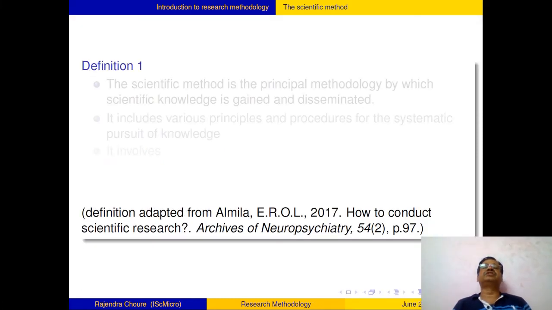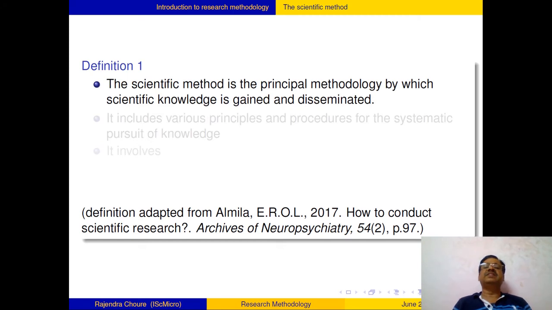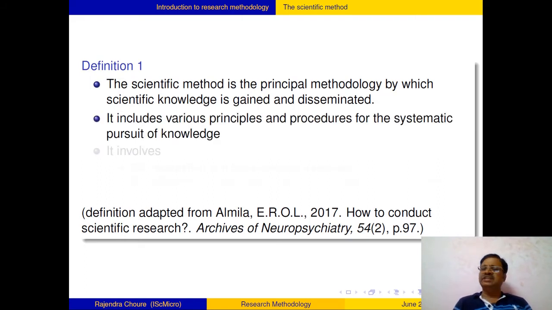Now we will start the discussion on the scientific method. Scientific method, as we discussed earlier, is the base for research. The first definition of scientific method is: the scientific method is the principal methodology by which scientific knowledge is gained and disseminated. It includes various principles and procedures for the systematic pursuit of knowledge.